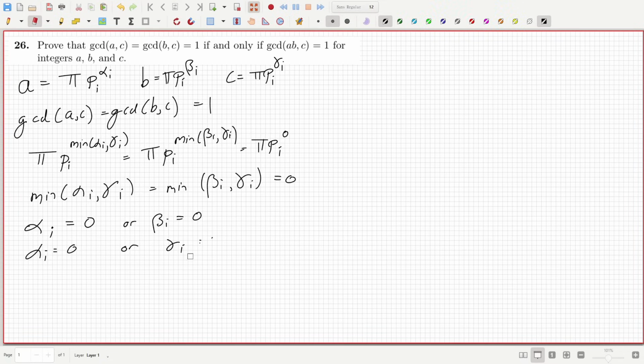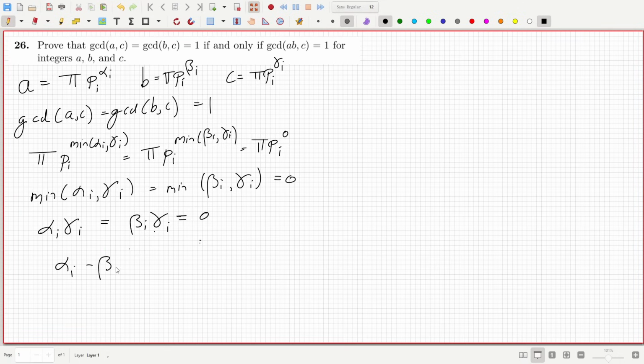What am I trying to get to? Maybe I should do it as products, because another way to say this is that alpha_i gamma_i, one of these has to be 0, and that has to equal beta_i gamma_i, which has to be 0. So I could also write that as alpha_i times gamma_i equals 0 and beta_i times gamma_i equals 0.